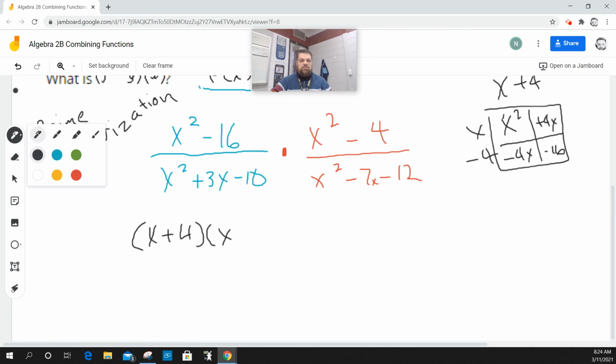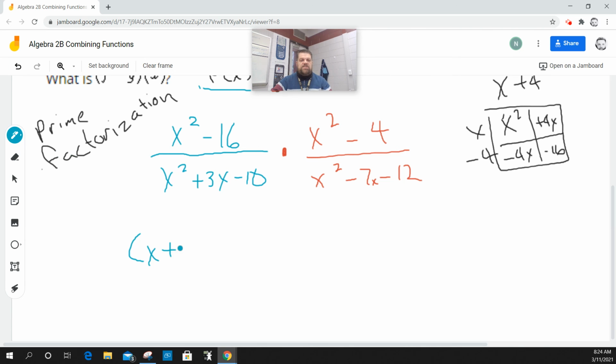Let me put that in blue. So if I do the prime factorization, if I find the factors of the numerator, it breaks down to x plus 4 and x minus 4, right? Because over here I've got a plus 4x and a minus 4x. Those cancel, and I'm left with x squared minus 16.